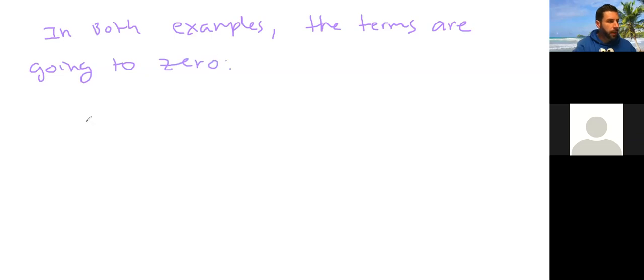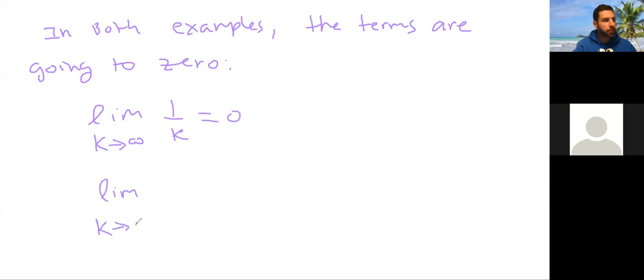What do I mean by that? What's the limit as k goes to infinity of 1 over k? Well, it's clearly 0. And what's the limit as k goes to infinity of 1 over k factorial? Well, that's going to 0 even faster. Don't forget this factorial thing; that's going to be very useful going forward.